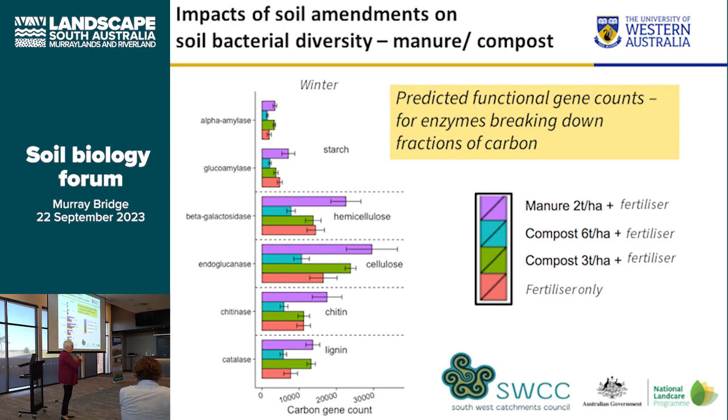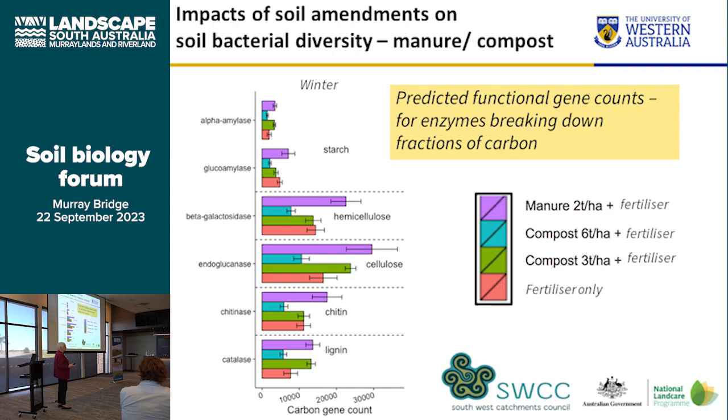So you can actually go through this database of DNA and identify how many genes are in this that will code for certain enzymes. In this case, that will break down certain bonds in different carbon molecules. So, long-winded. Down here, there's a list of enzymes that have been coded for in the DNA of this microbial community, bacteria in this case.